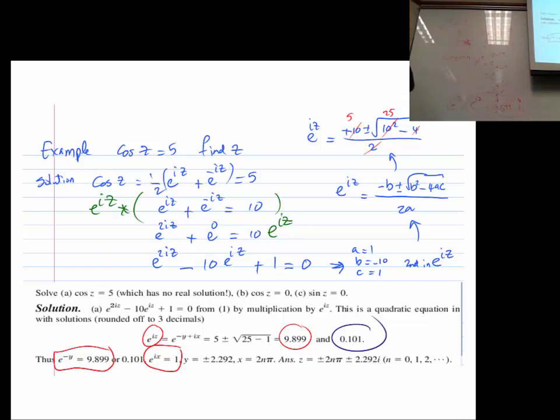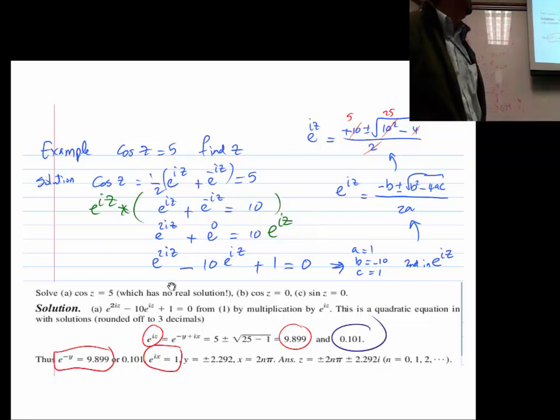How did they decide to put e to the ix equal to 1? It came from here. When we were solving for z, the equation turned out to be second order in e to power iz.